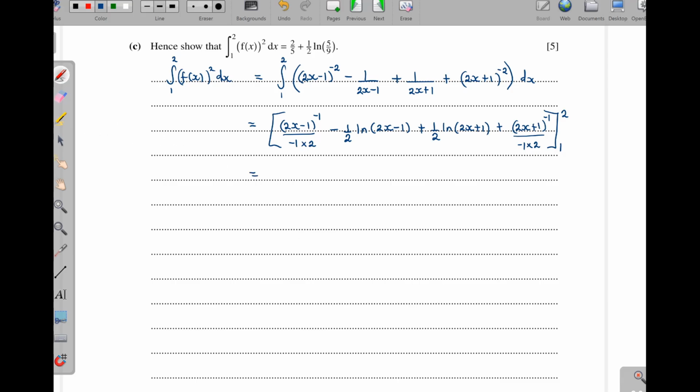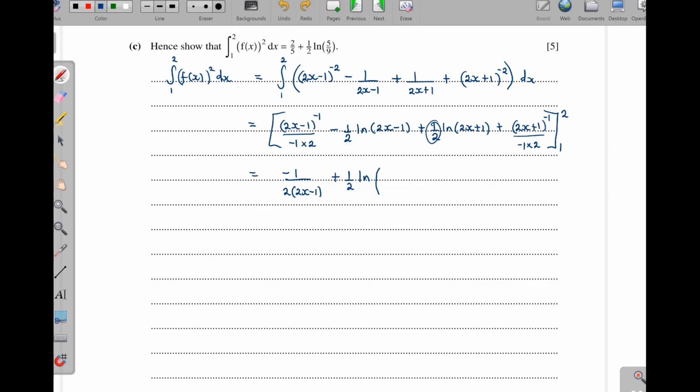Now maybe I can simplify this. I can take this one down, and this one will be a negative 1 out of 2 into this (2x minus 1). Then I can have plus a half. So a half here is common. Then we have natural log. And then from here, if we are subtracting logarithms to the same base, what do we do to the powers? We divide them. So I have factorized out this half.